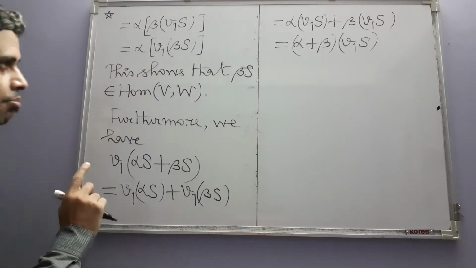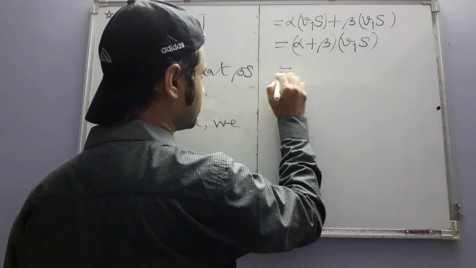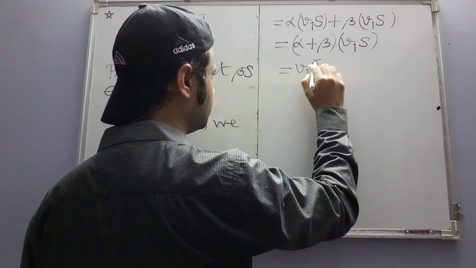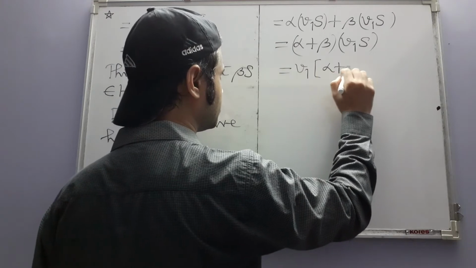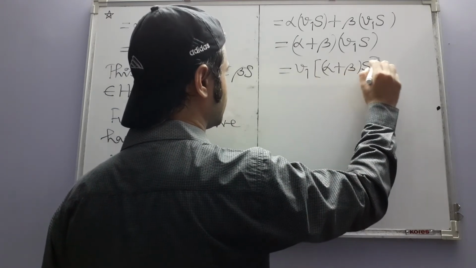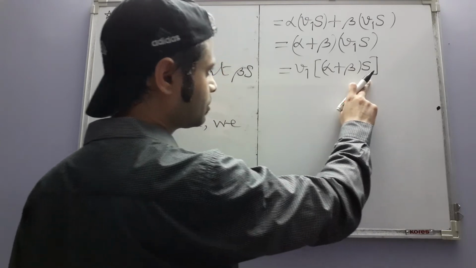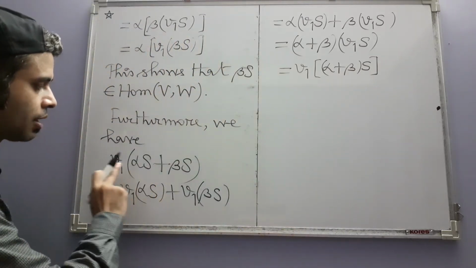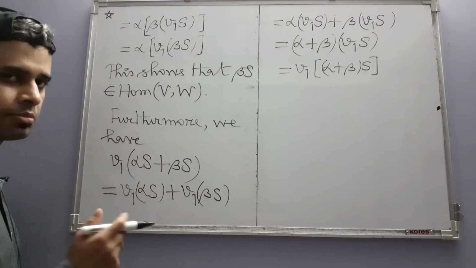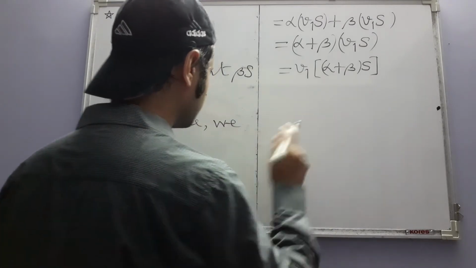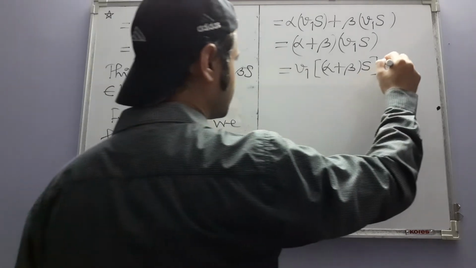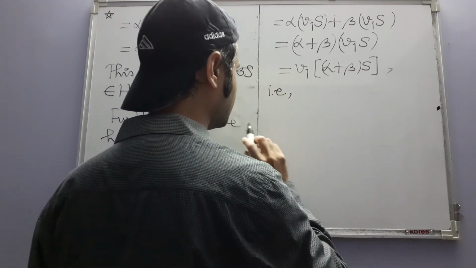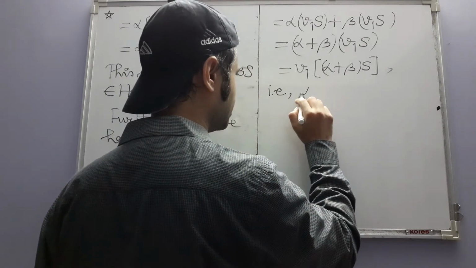Now again you apply the definition of scalar multiplication, and doing that you can write this as the image of V1 under the function alpha plus beta times S, where of course you understand that this is just like the product of these functions and some scalar. Because our small v1 is an arbitrary vector in capital V, so we get this.